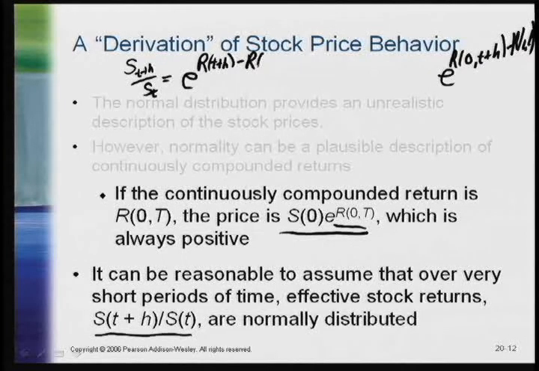minus Rt. Now, if Rt is normal and R t plus h is normal, each of them is the normal variable of the normal return between time 0 and that time, then of course the difference between those two normal variables is also normal.